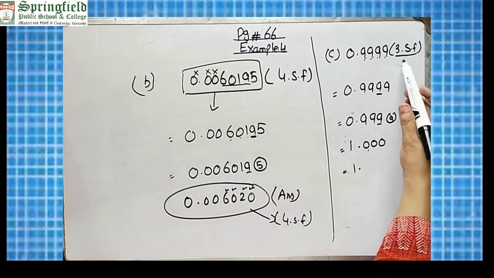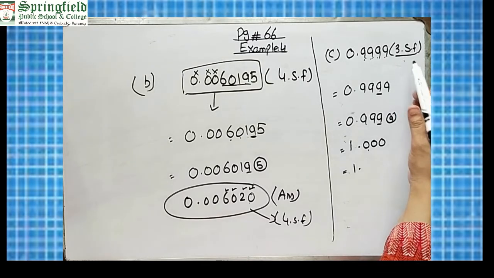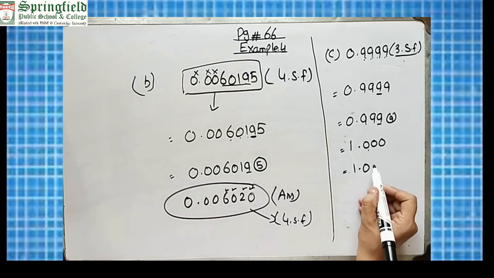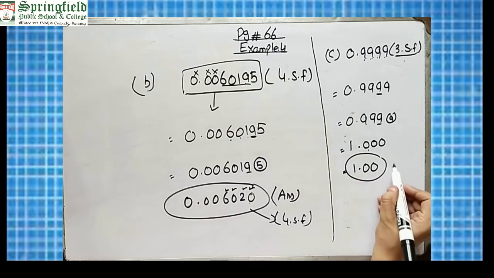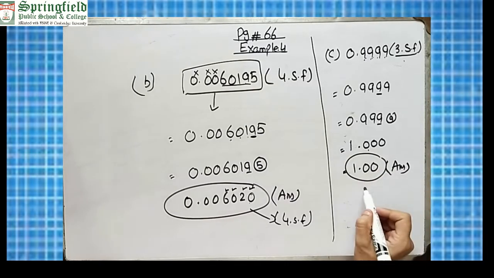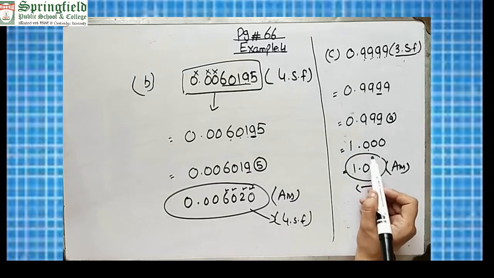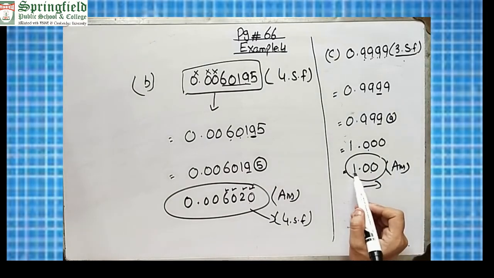As they are saying round off to the nearest 3 significant figures, we will write 1.00 just, and this is your answer. And according to the rule, the zeros after the non-zeros are significant, so we will write 20. Fine. So 1, 2, 3. This is a 3 significant figure answer. Understood beta?